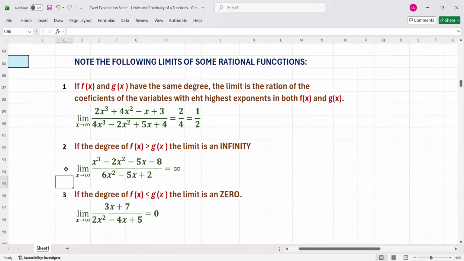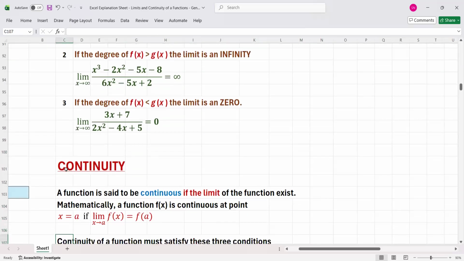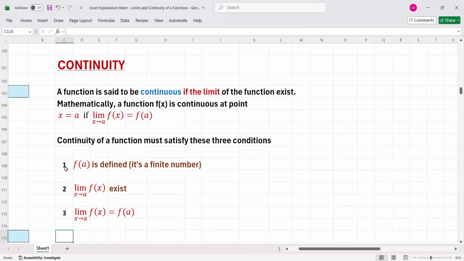Okay, so now let's come to the concept of continuity. A function is said to be continuous if the limit of that function exists. My laptop was not charging. So what are they trying to tell us? Mathematically, f of x is continuous at a point. We want to find out whether the function will be continuous at a particular point.